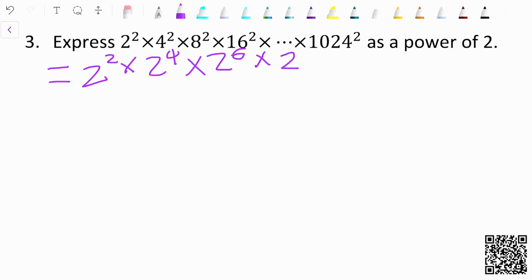times 2 to the power of 8, and so on. And 1024 is 2 to the power of 10, so 10 times 2, 2 to the power of 20. Since these are all the even numbers from 1 to 20, there are 10 of them.